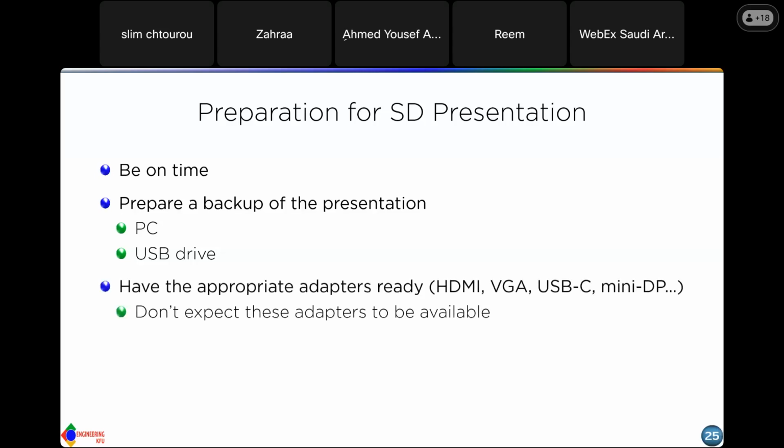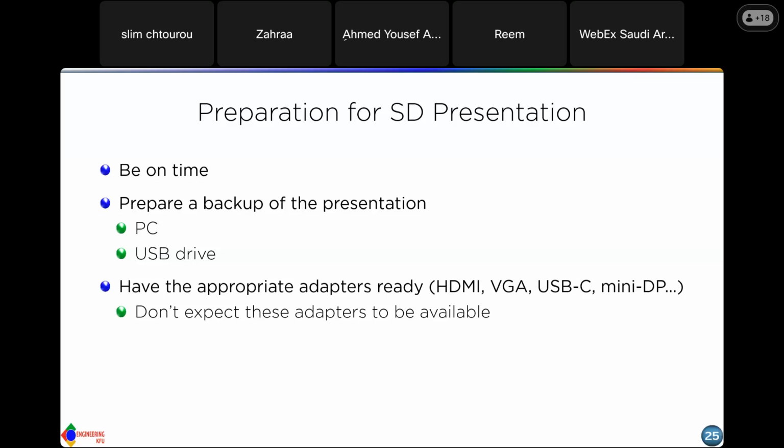And you need to have the appropriate adapters. Most of the connections on the computers or the data show here are VGA. But on your computers, probably the new models, you don't have that port anymore. You have HDMI, DisplayPort, mini DisplayPort, USB-C, but definitely not VGA. So if you are going to use your own computer, you should bring the adapter.